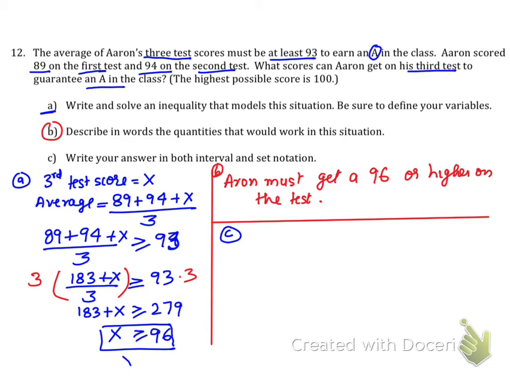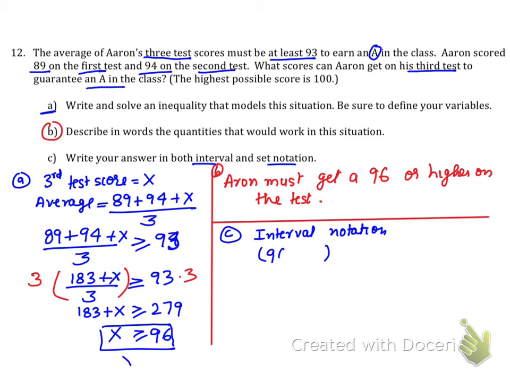Part C says describe your answer in both interval and set notation. If I do interval notation, I told you, you have to use the bracket here. He needs to get 96, but then he needs to get something above.